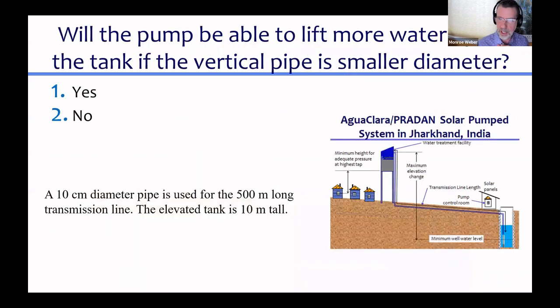And the question for you is, will the pump be able to lift more water up to the tank if the vertical pipe, the section running up the side of the tank, is smaller in diameter? Yes or no?